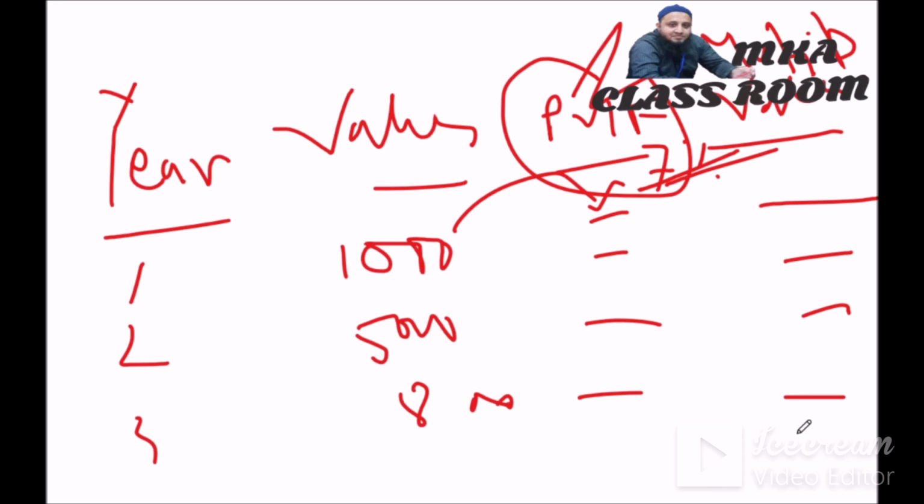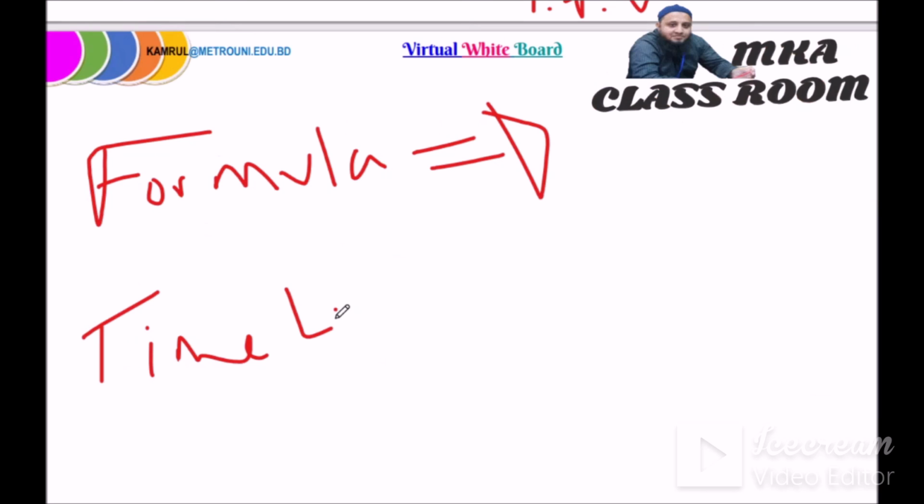So at last we have seen that we can solve all types of problems we have. We can use the formula method, the timeline method, and the financial table method.